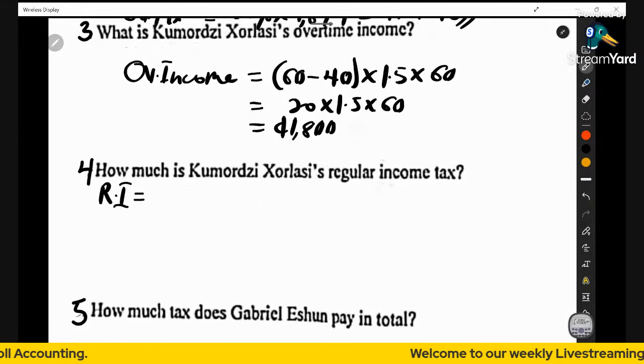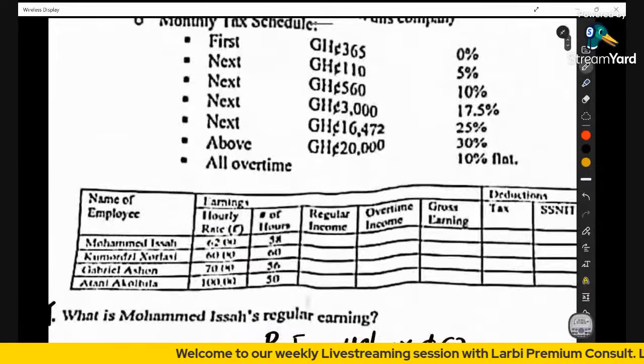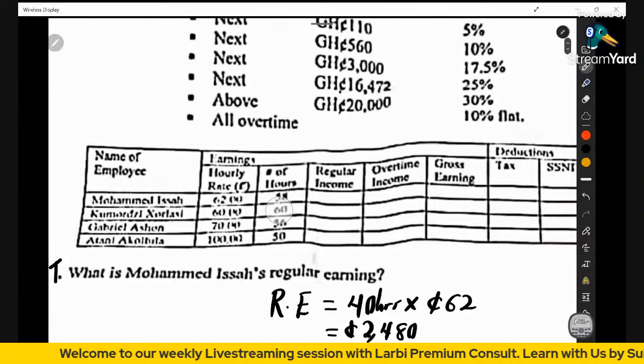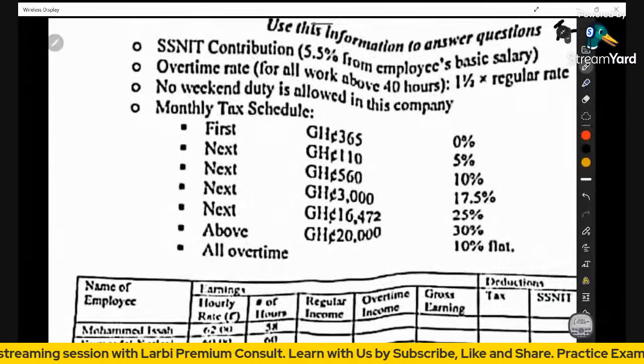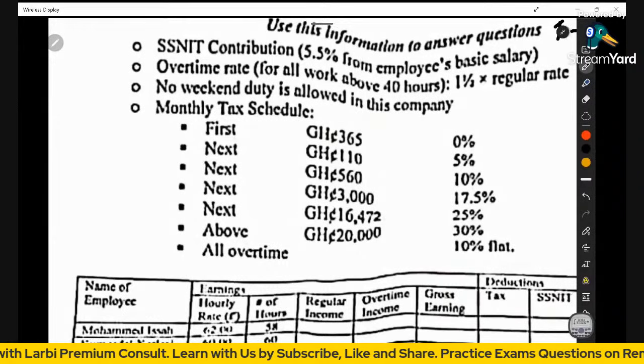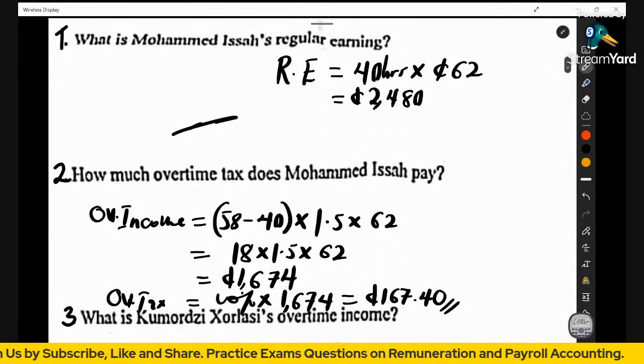should be equal to, so here is going to be the standard hours, right? Since I think Zolasi also worked 60 hours as the actual number of hours, so that's going to exceed the benchmark hours set by the organization, which is 40 hours. So we know that Zolasi's regular income, have we calculated that?